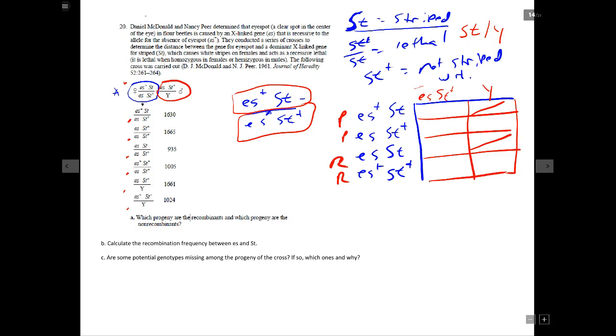So anything with an ES plus ST on top is a parent. So that's a parent, ES plus ST, and that's the only parent of that kind that we've got, because there's no other ES plus ST. ES ST plus, this one's a parent. This one's a parent.